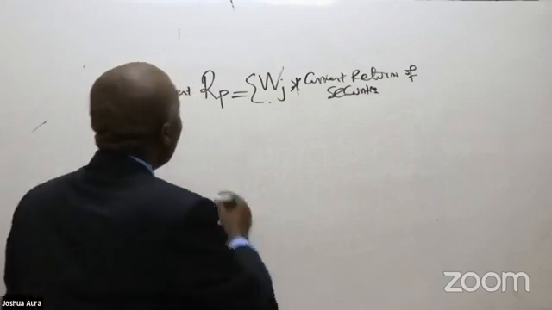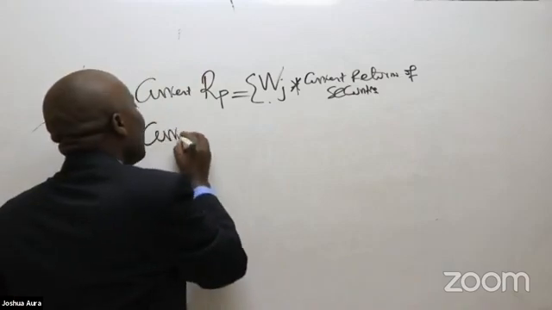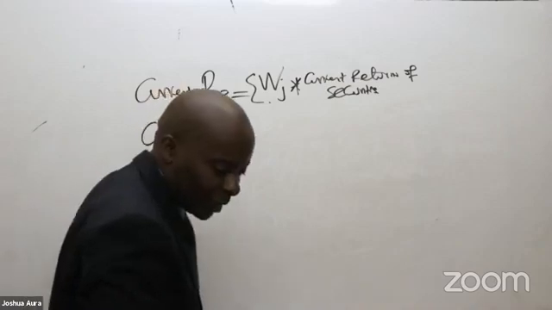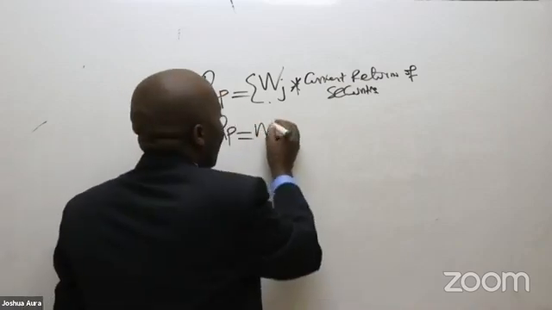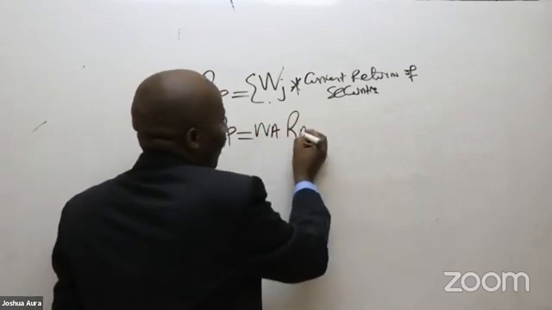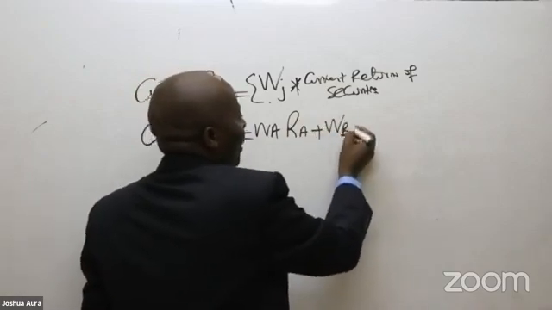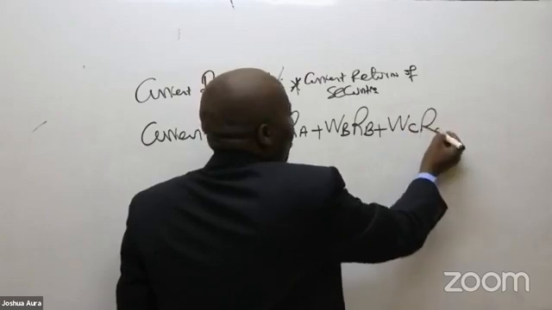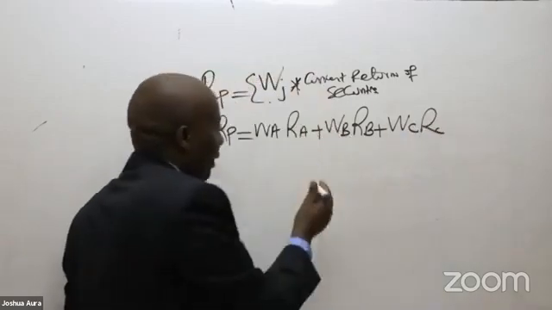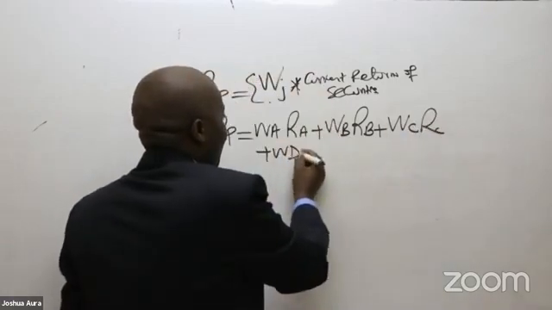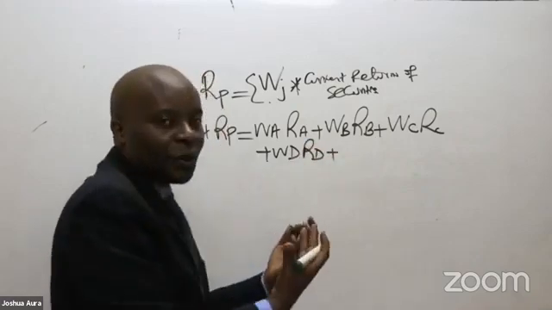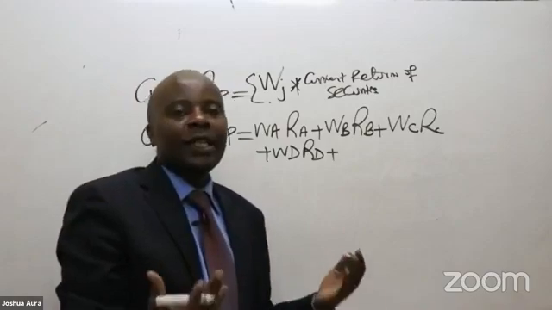So in short, for me to get the current returns of my portfolio, in this particular case, I will take the weight of A times the return of A given there, plus the weight of B times the return of B, plus the weight of C multiplied by the return of C, plus the weight of D multiplied by the return of D. And of course, very many students in this sitting forgot the risk-free asset.